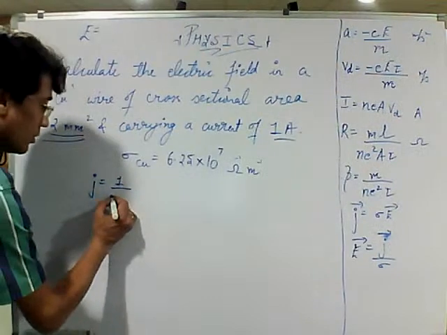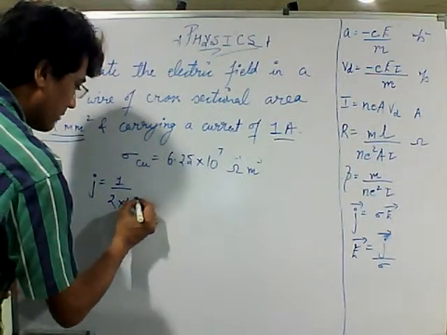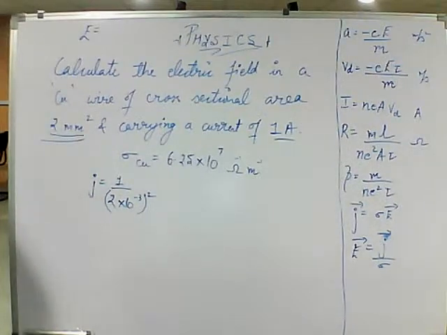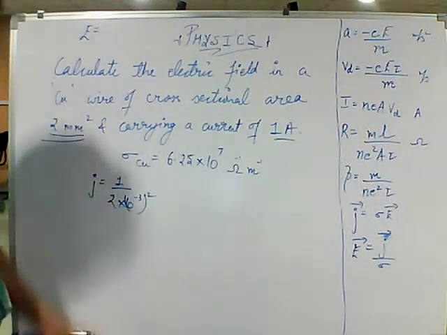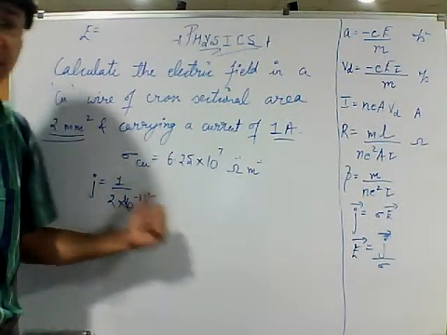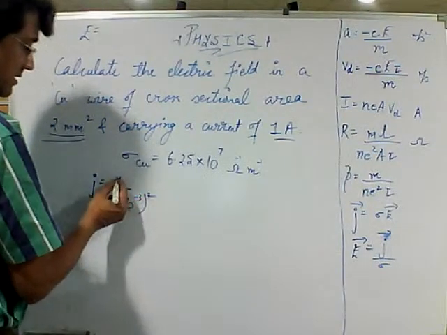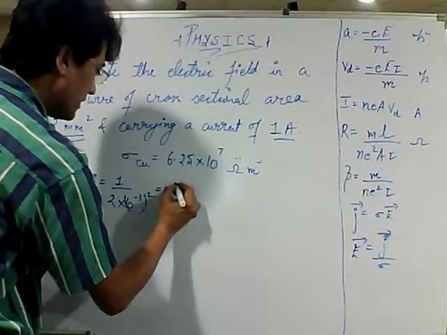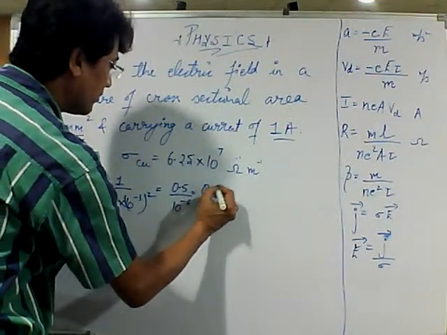Area is 2 millimeter square, so 2 into 10 to the power minus 6. You need to change into meter square. So this is current divided by area. What would it result into? It would result into 0.5 divided by 10 to the power minus 6, which would be 0.5 into 10 to the power 6.